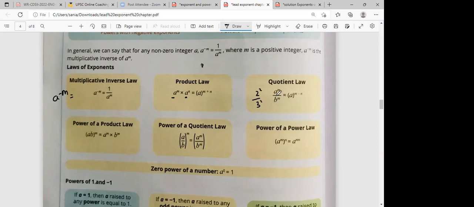If you have different bases, then you are going to do it like so. Sorry, I think they have written it wrong. It's going to be n here, because that's a different formula. Just check over here.